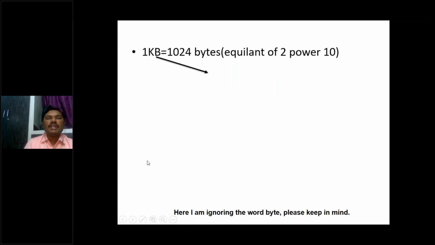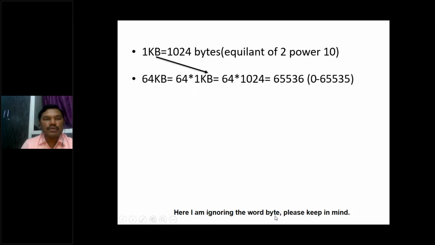Now, how to calculate the physical address and the segmentation sizes. 1 KB is equal to 1024 bytes. Now I am ignoring the word byte and calculating the remaining. So 64 KB is equal to 64 into 1 KB, which is 64 into 1024, equal to 65,536.